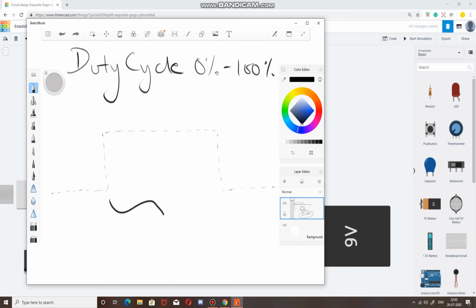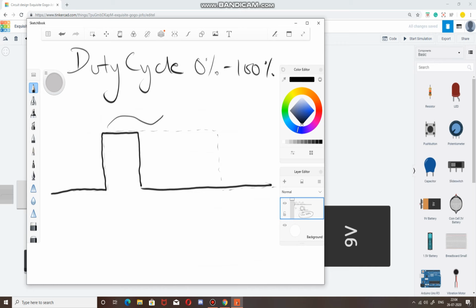So this whole thing is actually 100%. Now if I say generate a DC waveform having a 20% duty cycle, or maybe 25% duty cycle, it will look something like this. Now you might be thinking why have I ignored this part.